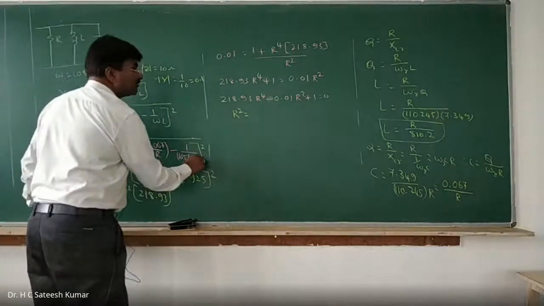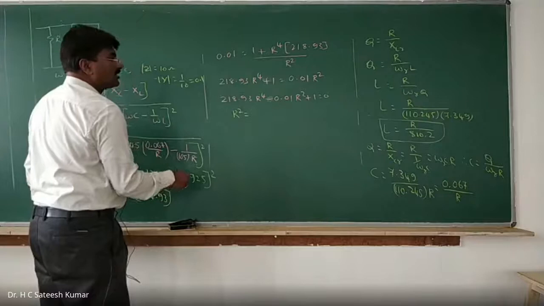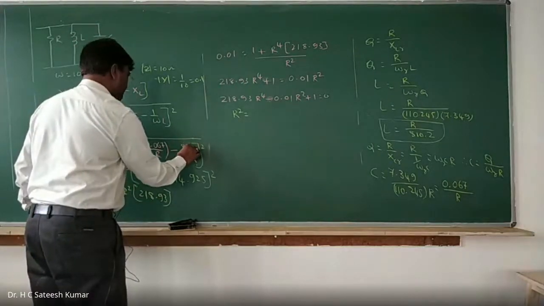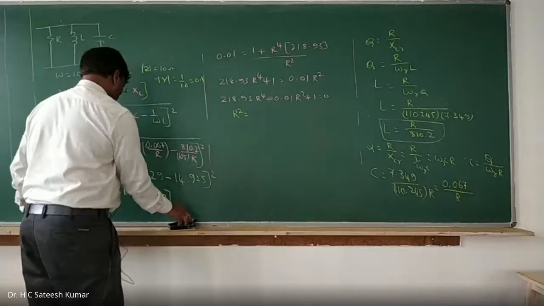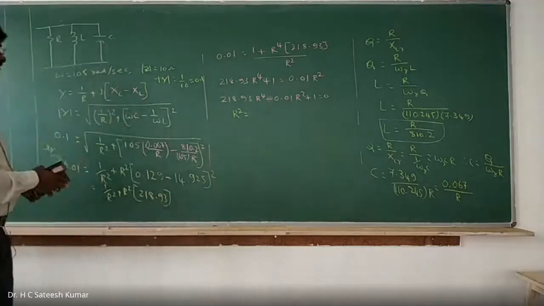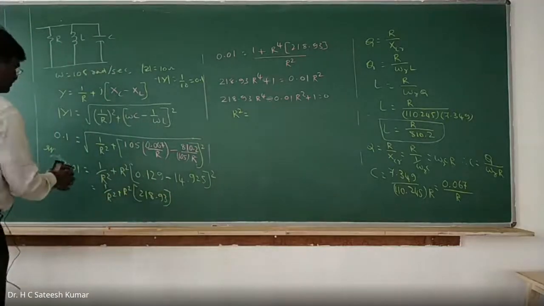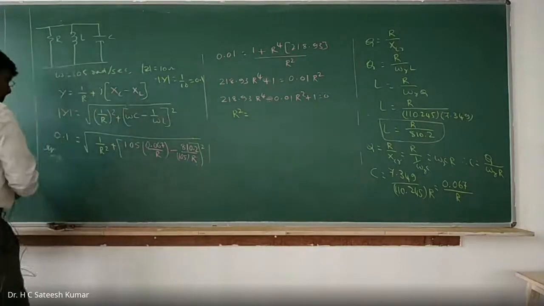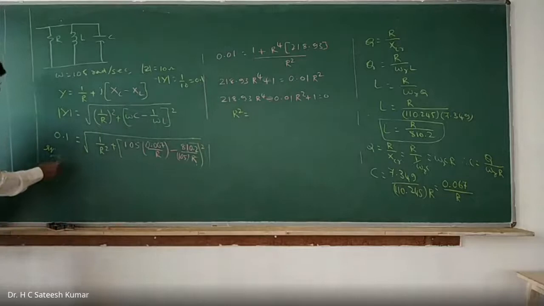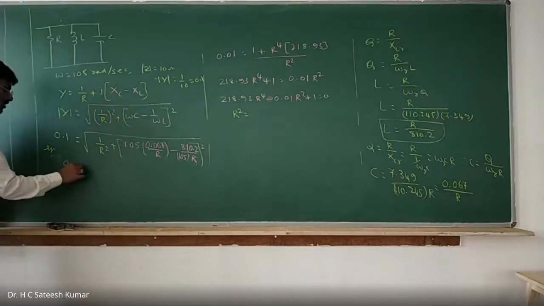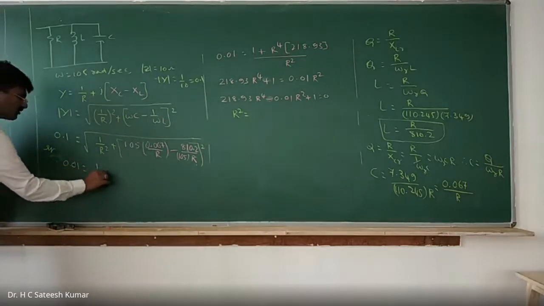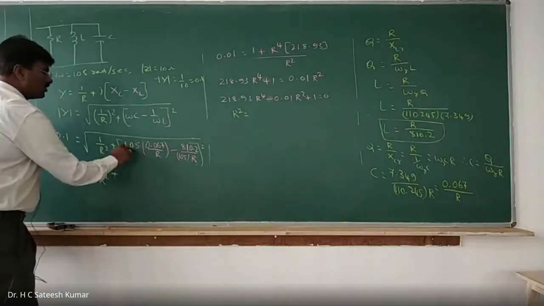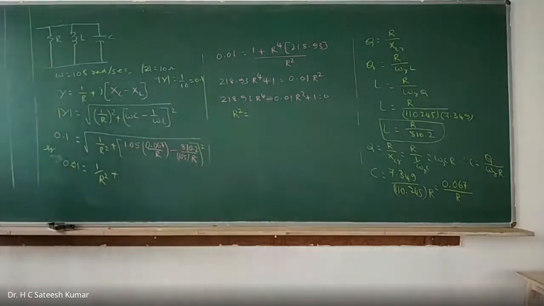R divided by 810.2. See, it becomes like this. Okay, so here 0.01 is equal to 1 by R square plus 105 into 0.067.